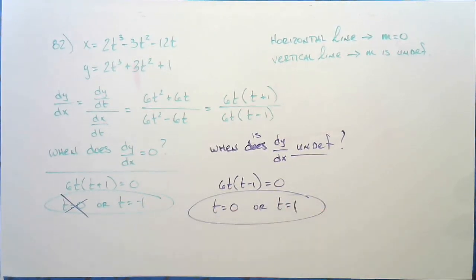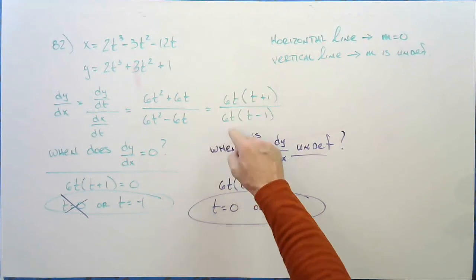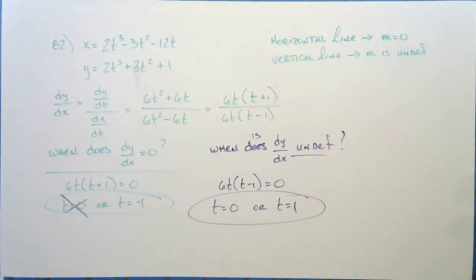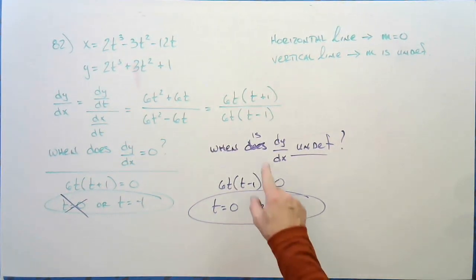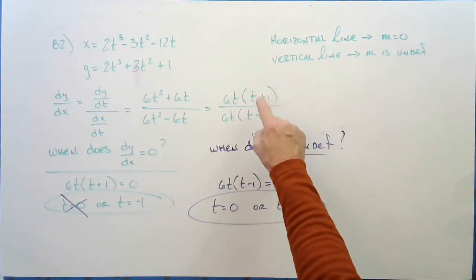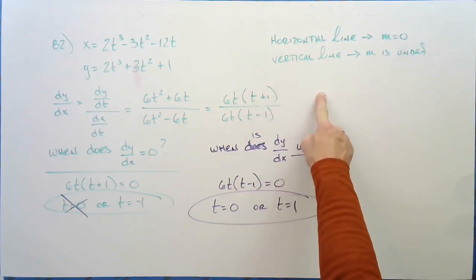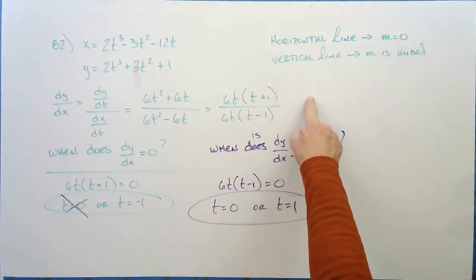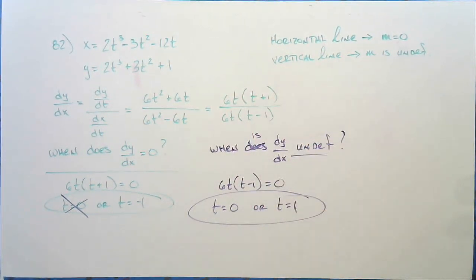And in this case, that's going to be correct because if t is 0, we're going to get 0 divided by 0. That's undefined, and therefore our tangent line is vertical. Or if t is 1, we would get 6 times 2, that's 12 on the top, and we would get 0 on the bottom, 12 divided by 0, undefined.